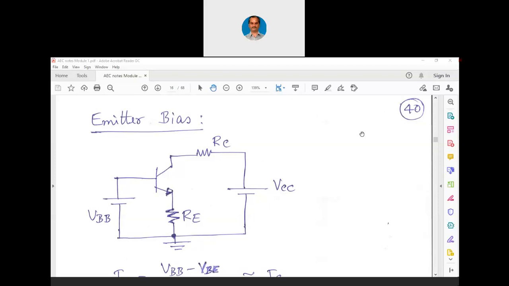VBE varies from transistor to transistor. That is why RB is required. Similarly, resistor at the collector is required. Otherwise, when the transistor is switching on completely, power supply can be short circuited to ground, which is a dangerous condition. That is why two resistors are very much required for the transistor's switching action.